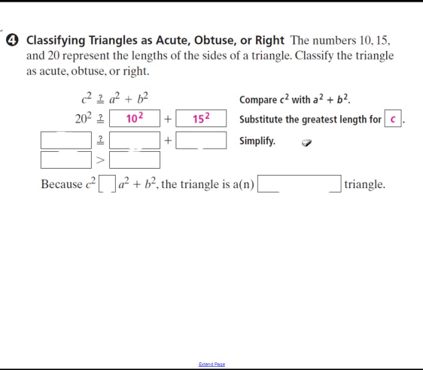And then we can plug 10 and 15 in for the others. We square everything: 100, 225, 400. We add them up. 400 is clearly not equal to 325. So we know that it's not a right triangle. Definitely not a right triangle because these are not equal.